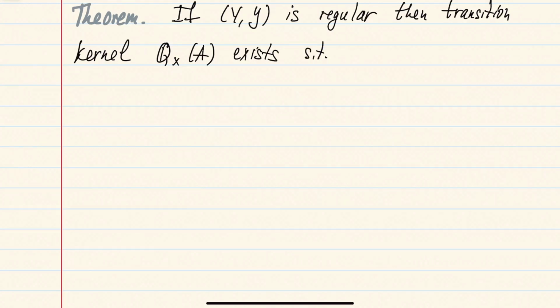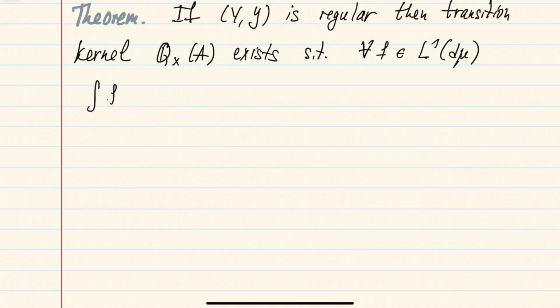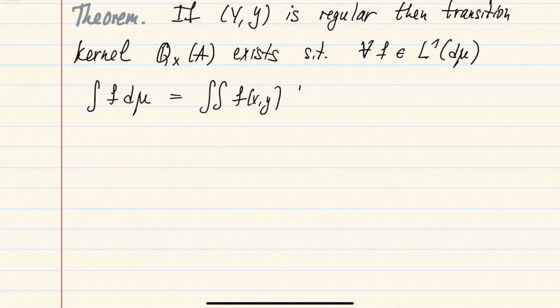theorem. In other words, for all integrable functions on this product space with respect to this measure mu, the integral of f with respect to mu can be written as this double integral, where first you integrate with respect to this transition kernel on the second coordinate and then you integrate with respect to the marginal p on the first coordinate.